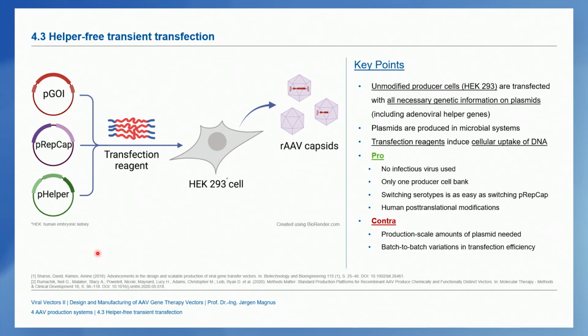They are mixed with a transfection agent like polyethylenimine, and then they can be transfected into, for instance, HEK cells, and typically it's the human embryonic kidney cells that are used for this. And then once you have all 3 plasmids inside the HEK cell, it will be able to produce AAV capsid.